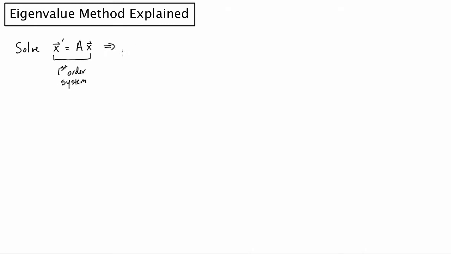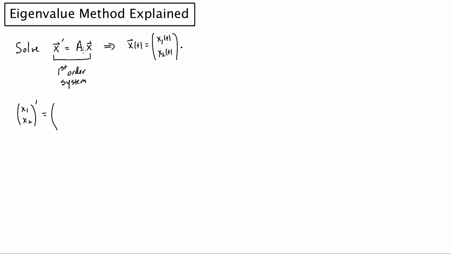So suppose that x has the vector components x1, which is a function of t, and x2, which is also a function of t. Then, piecing out what I'm looking at here, it would look like the following. I would have the vector (x1, x2) prime equal to some matrix A.